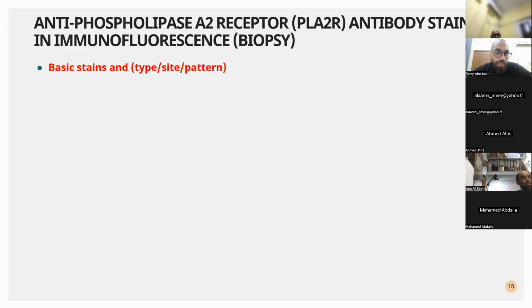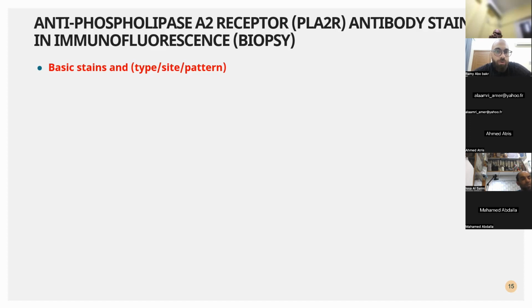This is the basic staining. But if you don't ask for staining for anti-phospholipase, he will never do it. So please, if you are suspecting a case of primary or secondary membranous, you should ask your pathologist to do the anti-phospholipase receptor staining in the histopathology.